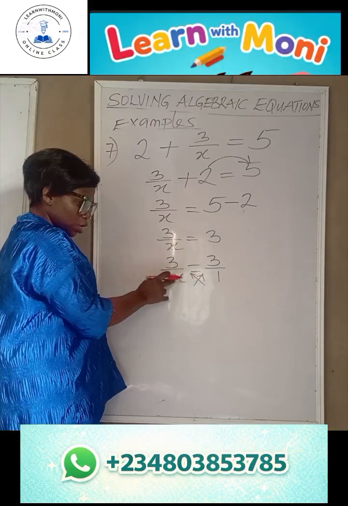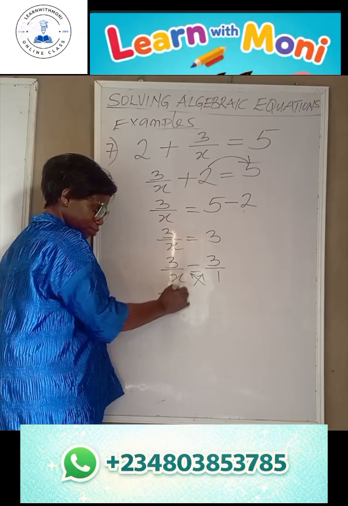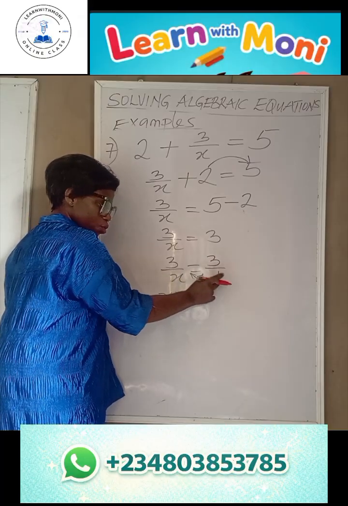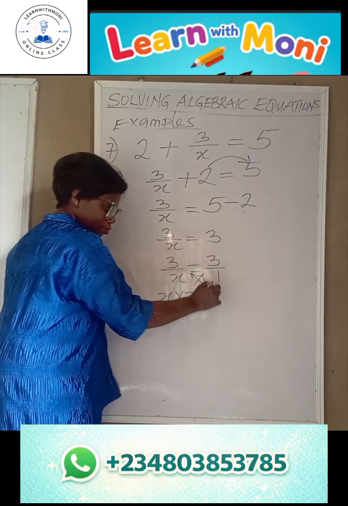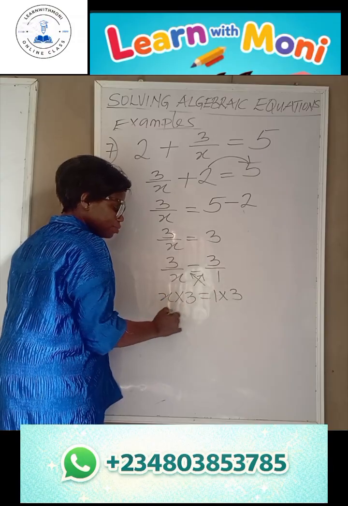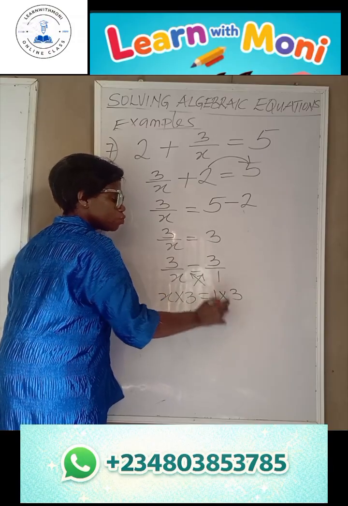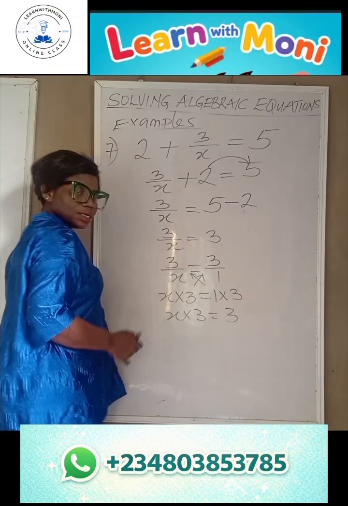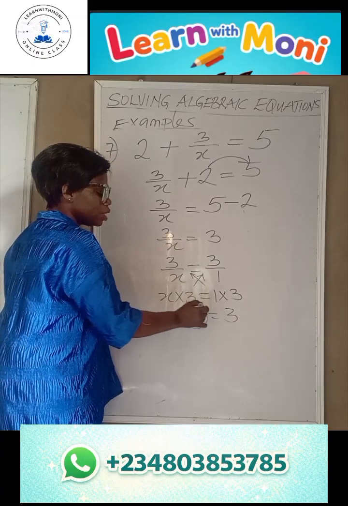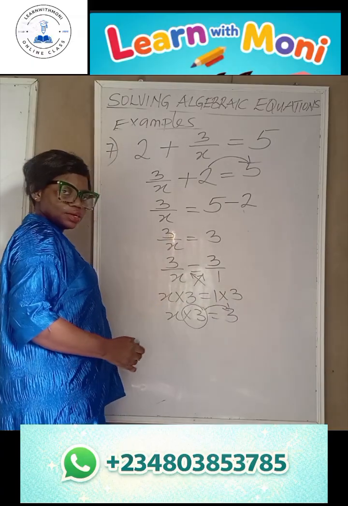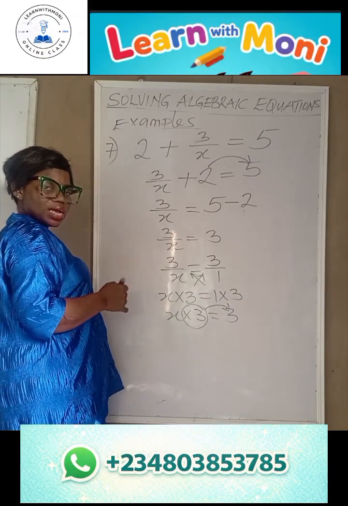By cross multiplication, I have x times 3 equals 1 times the other 3. X times 3 equals 1 times 3, which is 3. Now, this times 3 has to leave x to the other side, and it will turn to divided by 3.